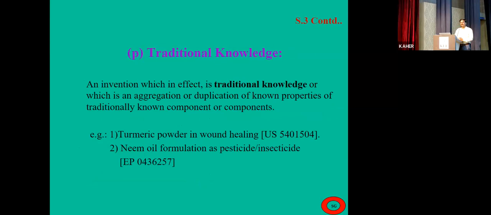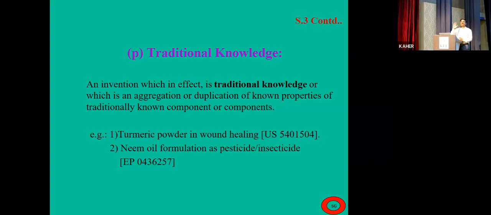And the last one is traditional knowledge. Any traditional knowledge already there, like Ayurveda, Unani, Siddha systems of Indian medicine, or for that matter any country's traditional knowledge which is already in the public domain, not by virtue of documentation but by virtue of it already being there, is also not patentable.